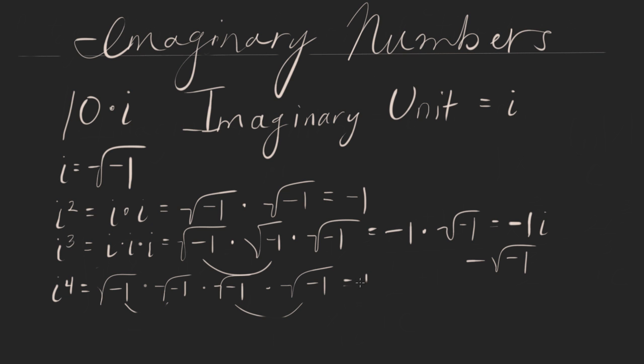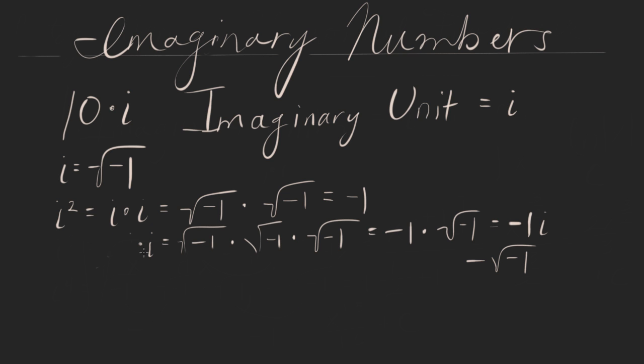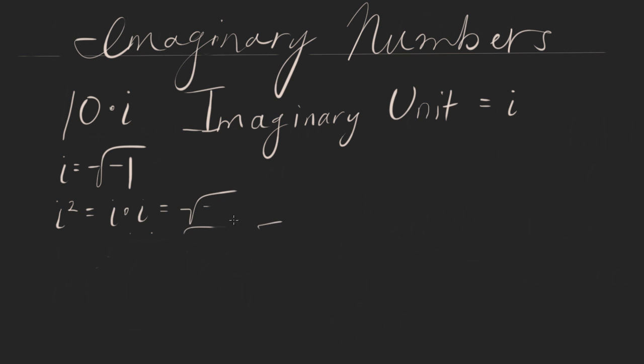So I'm going to get this out of the way and go a little further than i to the fourth. You can apply this to huge numbers. So let's say we have i to the fifth now. That's equivalent to i to the fourth times i.